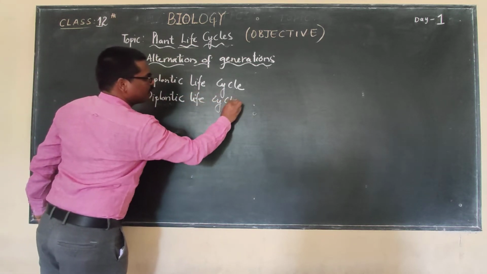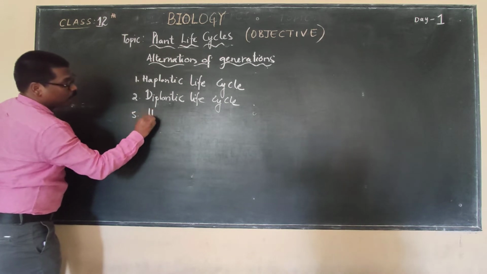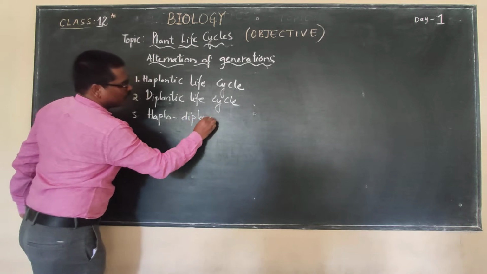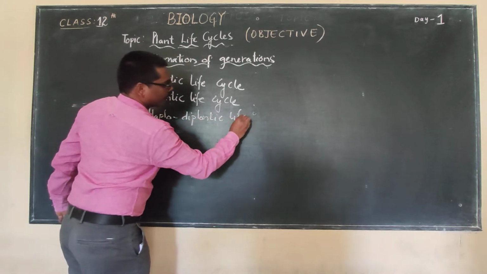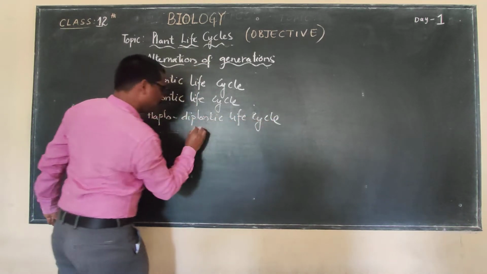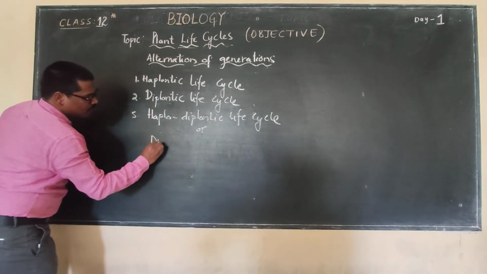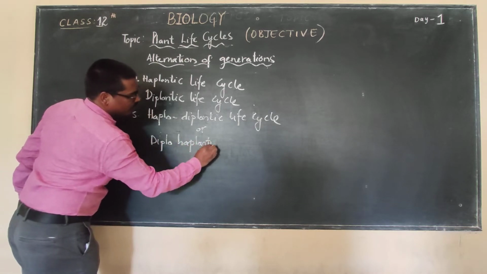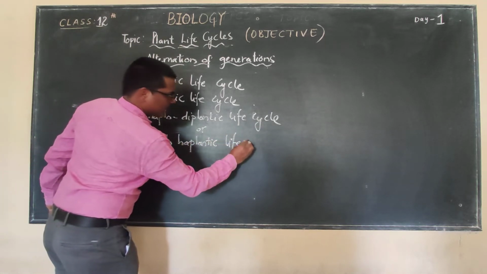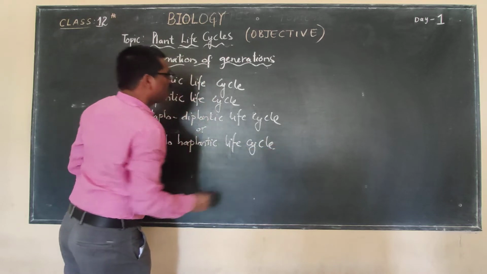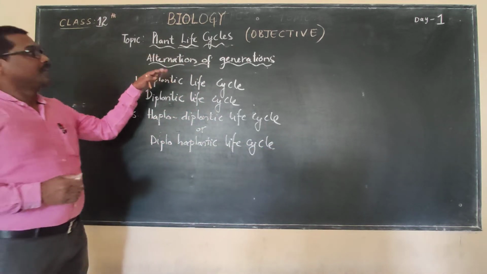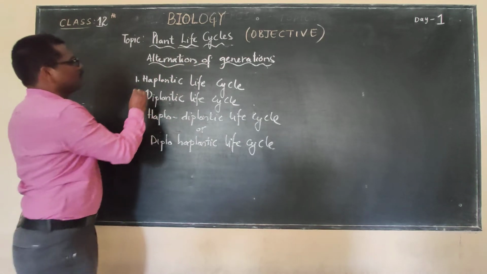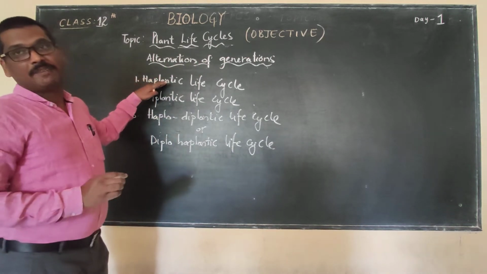And the third one is also called the haplodiplontic life cycle, or diplohaplontic life cycle. So these are the three patterns of how the plants will be showing the alternation of generations. So first we are going to discuss the haplontic life cycle.